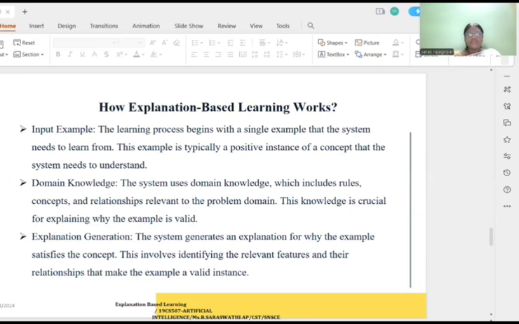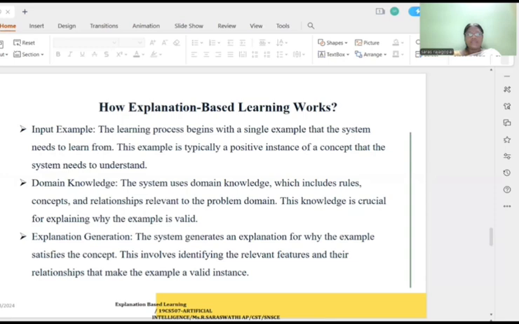How does explanation-based learning work? First, input example, domain knowledge, and explanation generation. Input example. It begins with a single example that the system needs to learn from. The example is typically a positive instance of a concept that the system needs to understand. Domain knowledge. It uses domain knowledge, which includes rules, concepts, and relationships relevant to the problem domain.